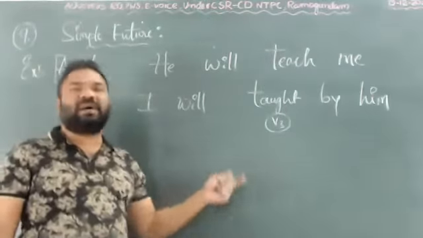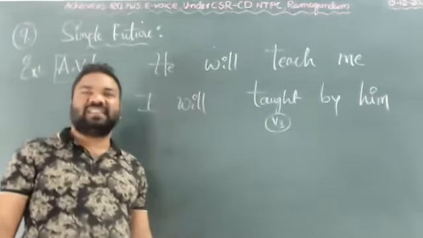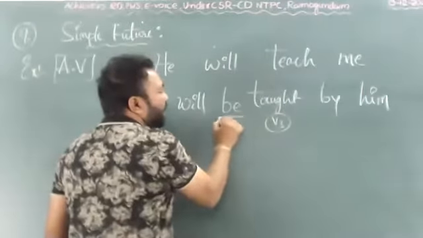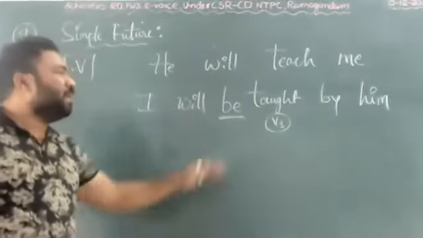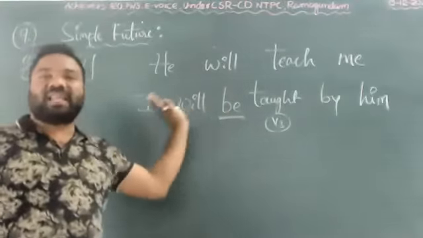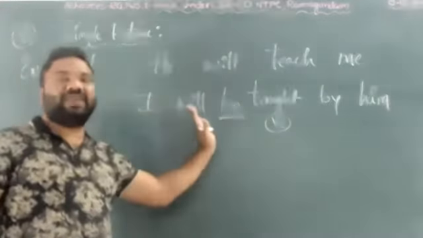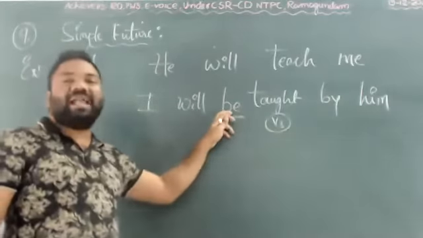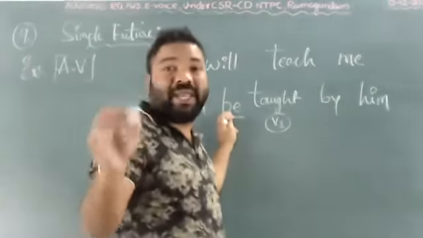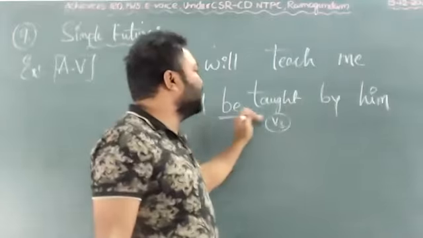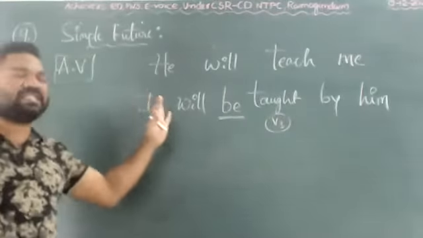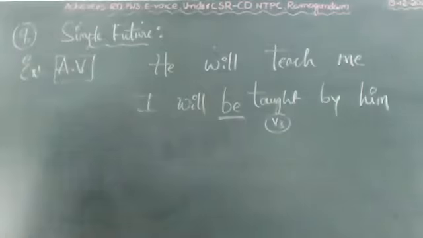Do you feel like it is a complete sentence? No. We have to add the be form. The rest of the sentence is the same. The only difference here is adding the be. I will be taught by him. Just look at the statement clearly, students.